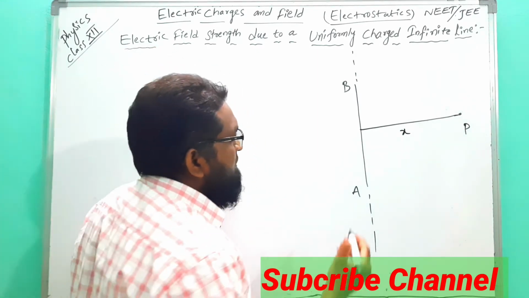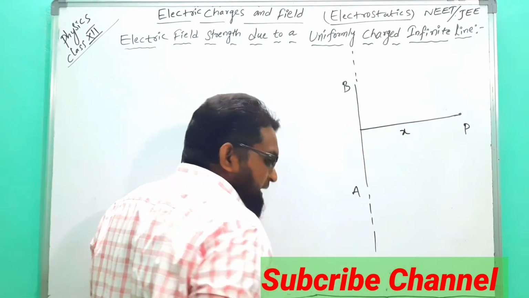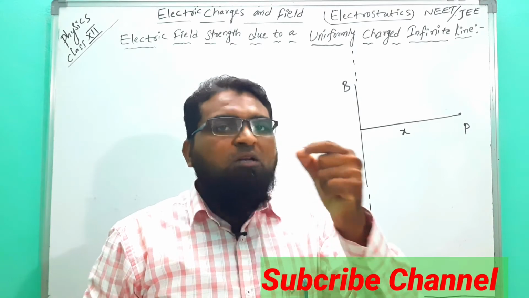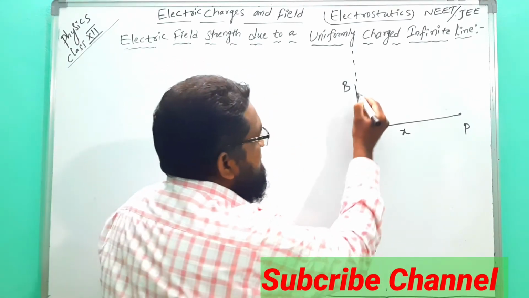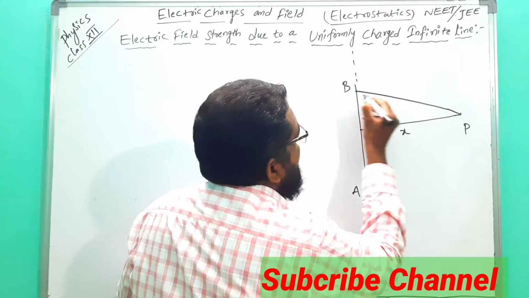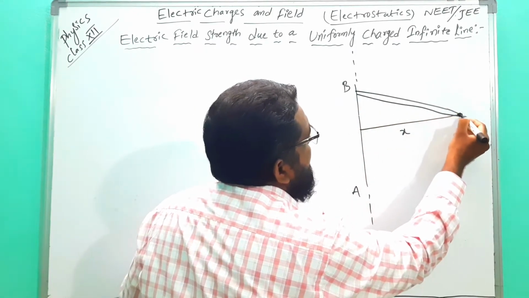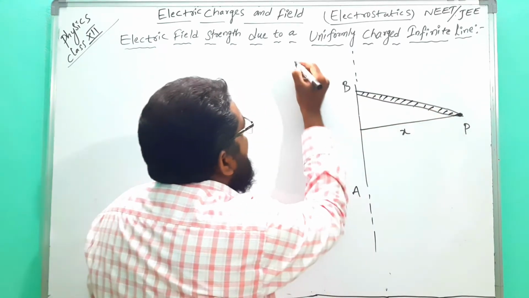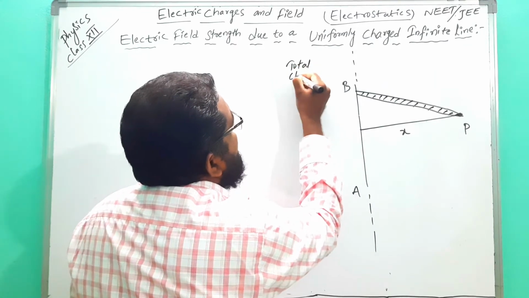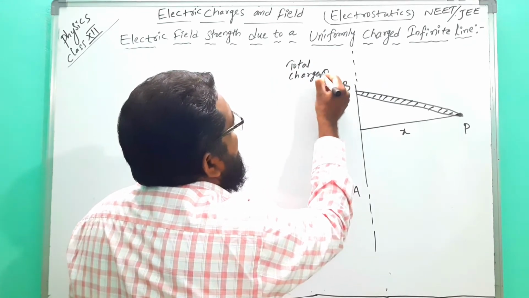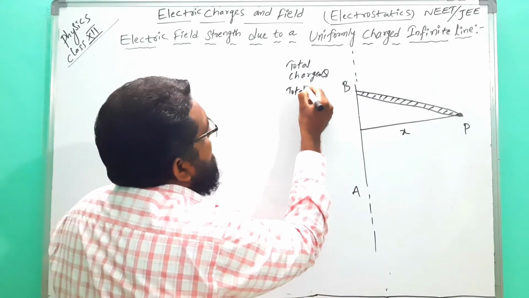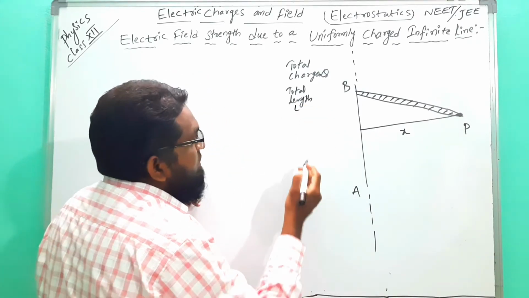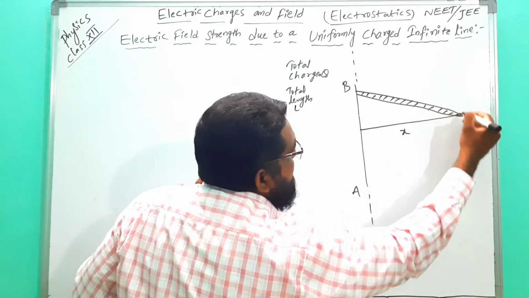Clear now students up to this point? After that, directly finding the electric field of an infinite line is not possible, so we consider one small element here. This is the small element, and this is dq. The total charge is q and the total length is L, but the distance relation is x.